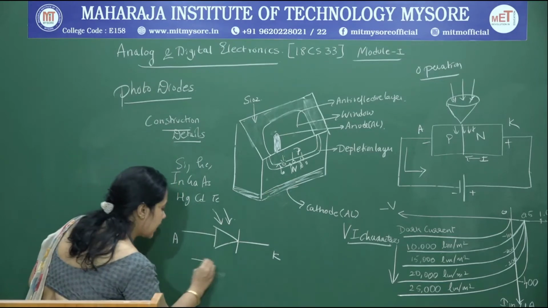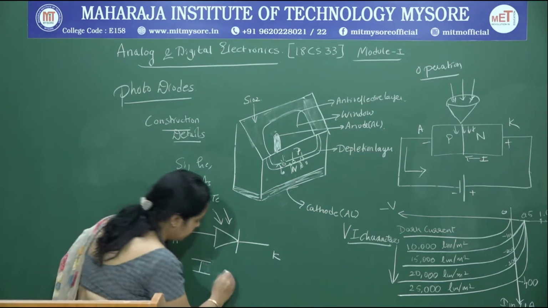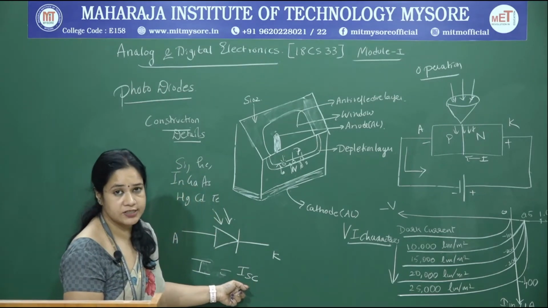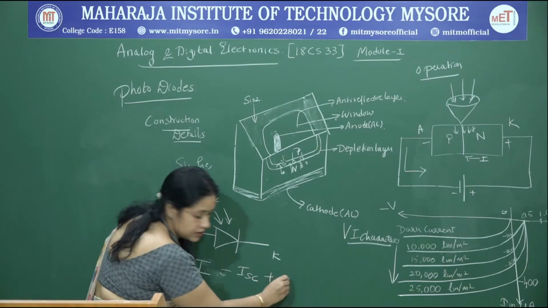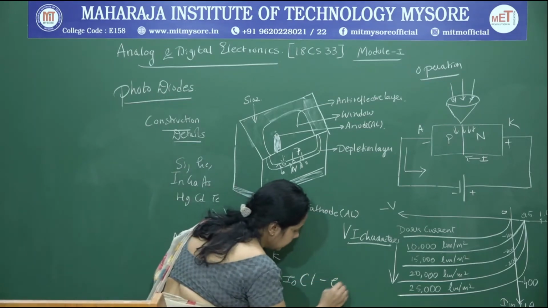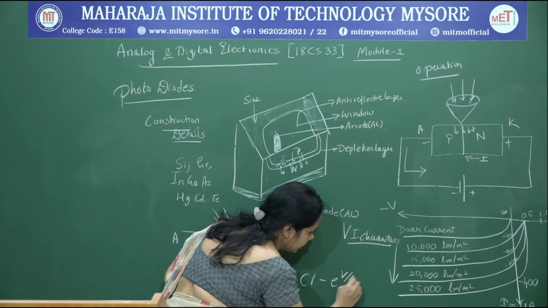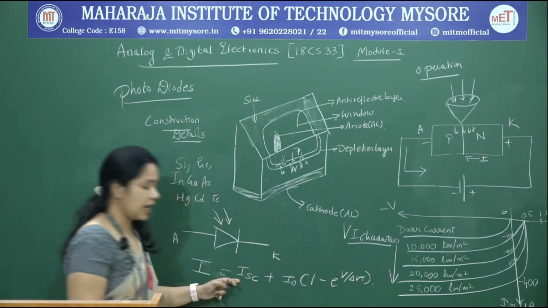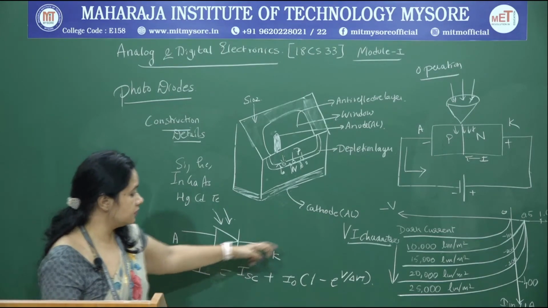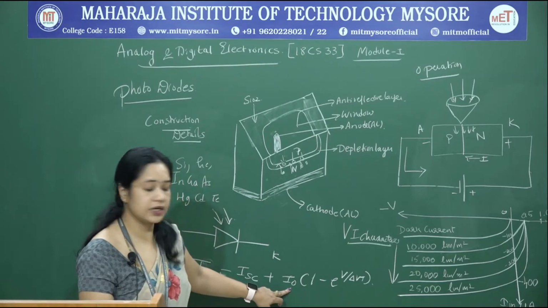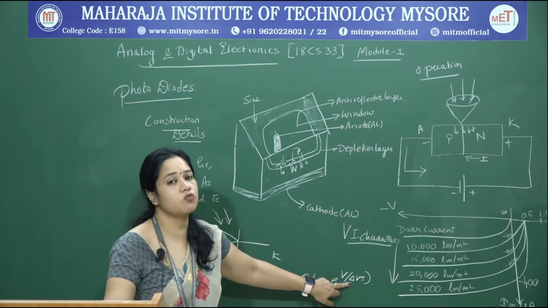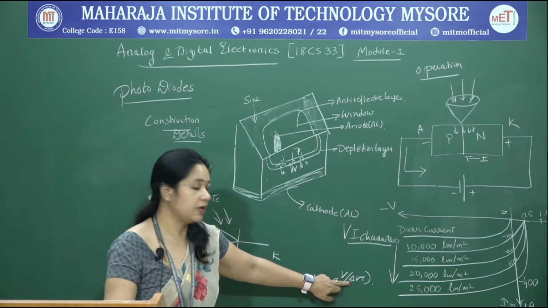I will call it I, which is going to be I_SC, where I_SC stands for short circuit current, plus I naught into 1 minus e to the power of V by ηVt. Here I_SC is the short circuit current and I naught is the reverse current, V is the reverse voltage, and η depends on what type of semiconductor material you are using.